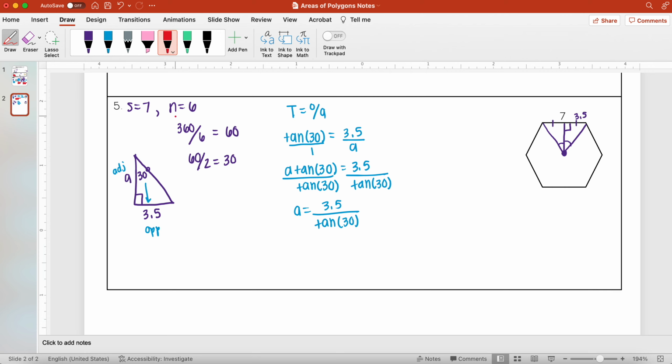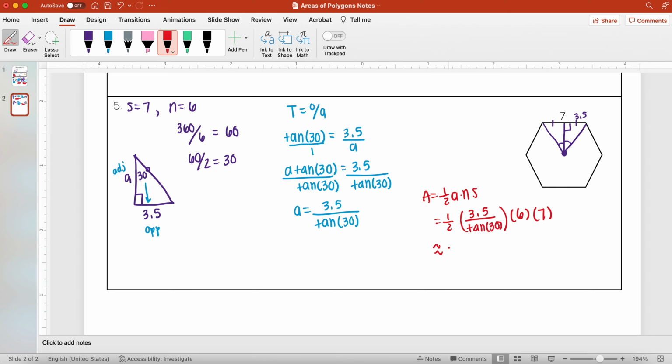So I have my S, I have my N, I have my A. I now can figure out what my area is. So I have 1/2 times A, which is 3.5 over tangent of 30, times N, which is 6, times S, which is 7.